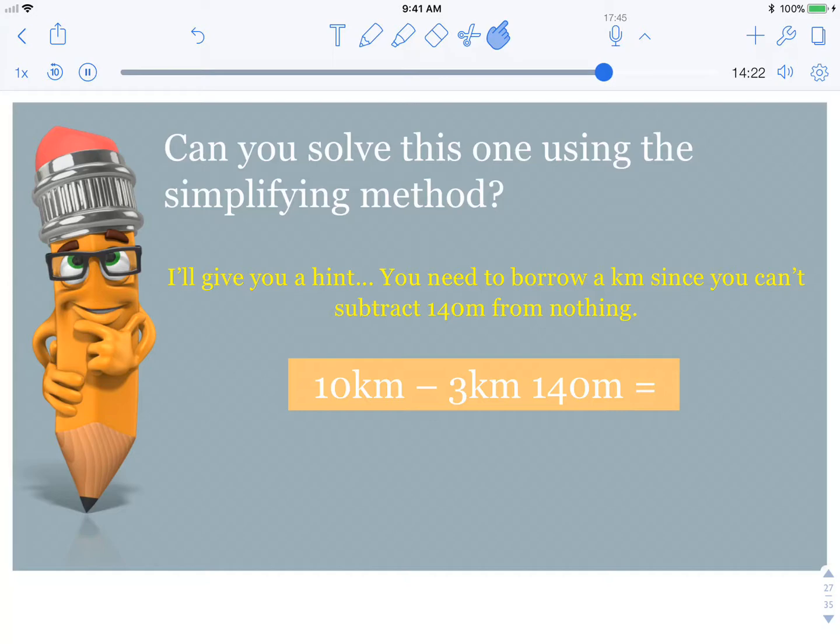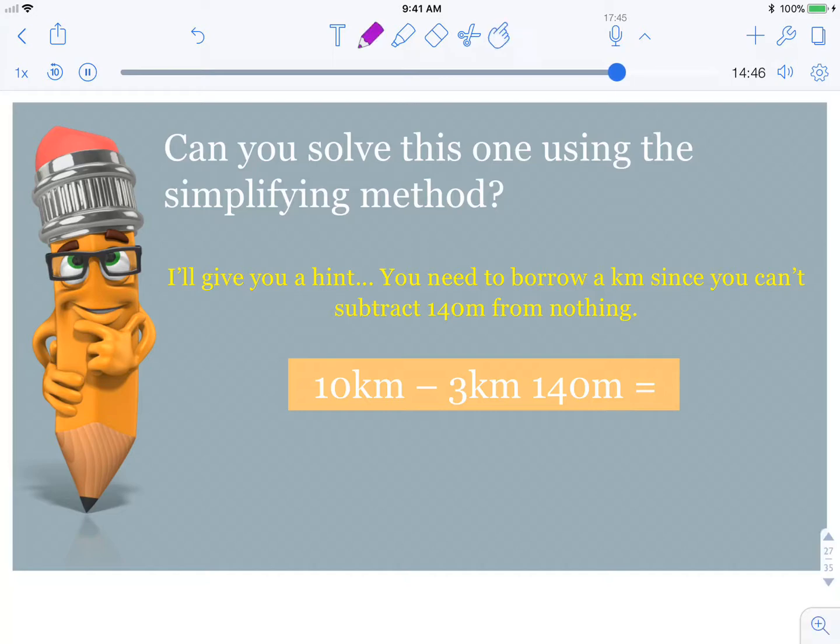Can you solve this one using the simplifying method? I'll give you a hint. You need to borrow a kilometer since you can't subtract 140 from nothing. So if you were to borrow a kilometer, what number is going to go on top of your 140 meters? I borrowed 1 kilometer.